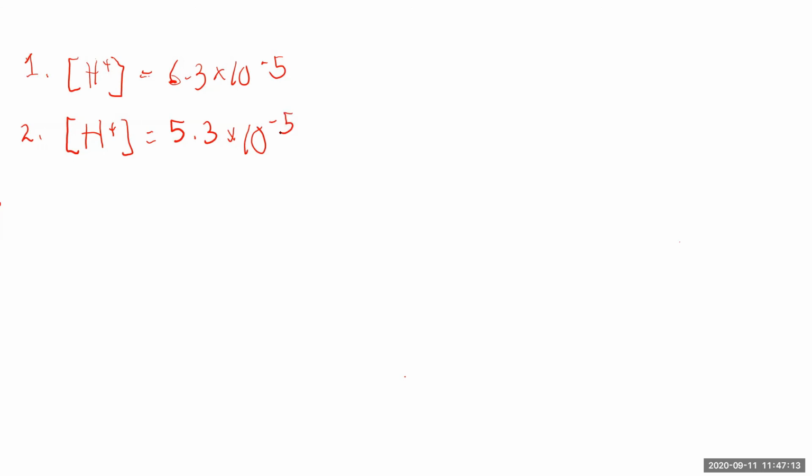All you have to do is to use your calculator. So we have 6.3 times 10 raised to the power of -5. How do we solve for this one? Use the formula. The pH is equal to negative log of the hydrogen ion. Right? So that's the formula.